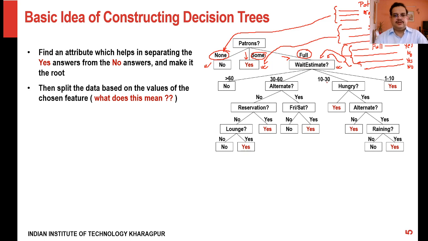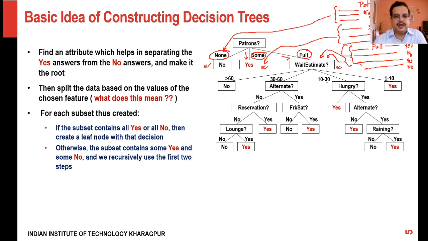As I mentioned, we first find an attribute which helps in separating the yes answers from the no answers to the extent possible, and we make it the root. We then split the data based on the values of the chosen feature, and for each subset thus created, if the subset contains all yes or all no, like for this case we had all no, for this case we had all yes, then we create a leaf with that decision, like we did here for no and yes.